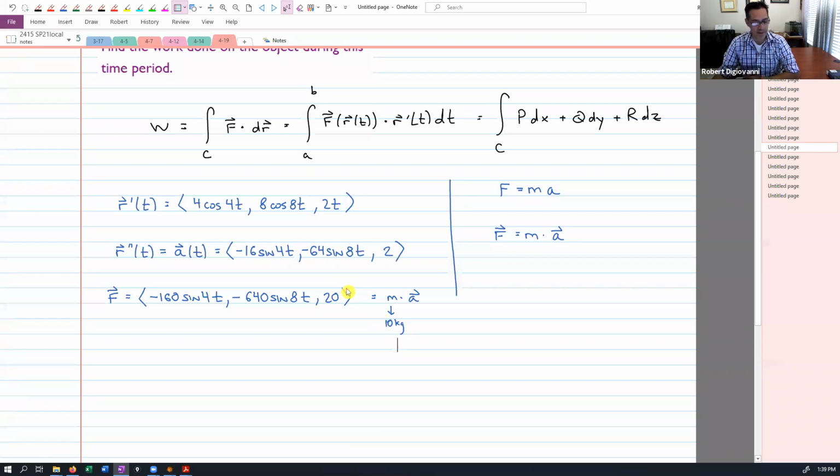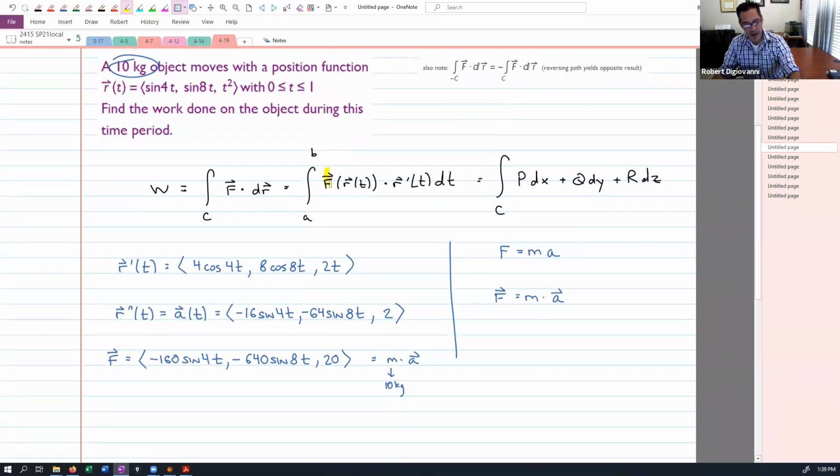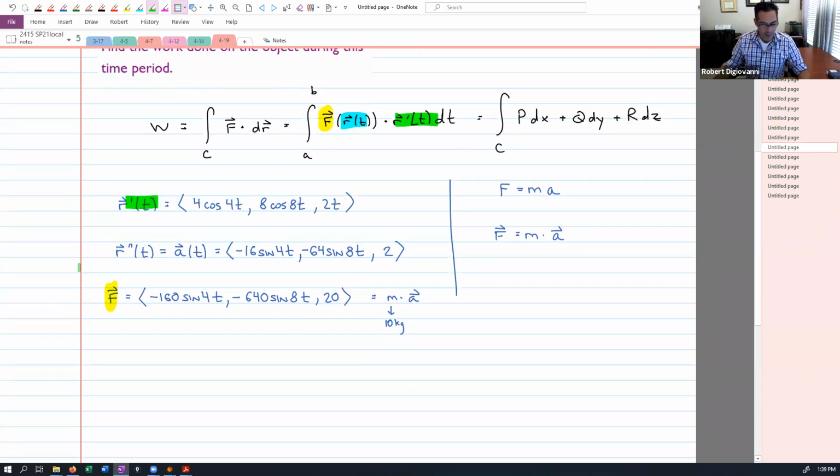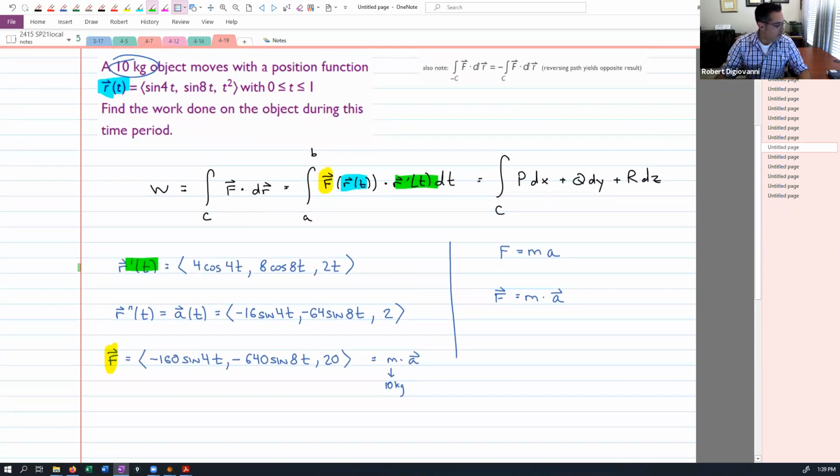I think we're ready. Do we have everything? Do we have the field? Yeah. Do we have the vector function? Yeah. Up here, do we have the derivative? Yep. We've got it all, so we should be able to do this. Now, I'm sorry, hold on, I misstated something.